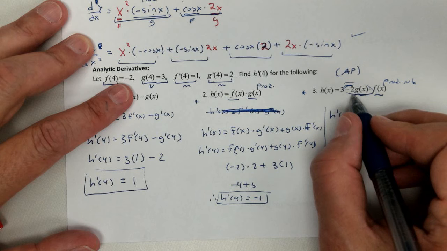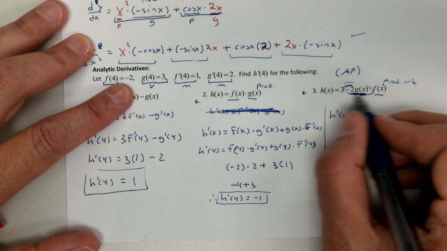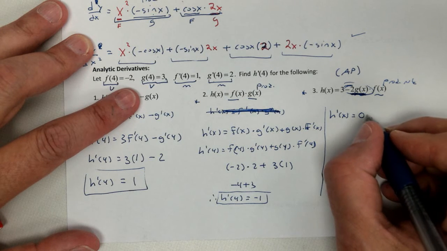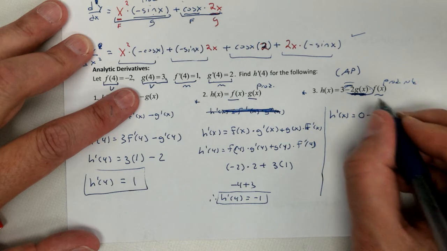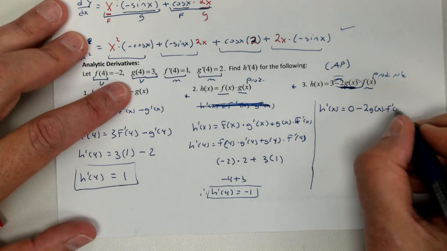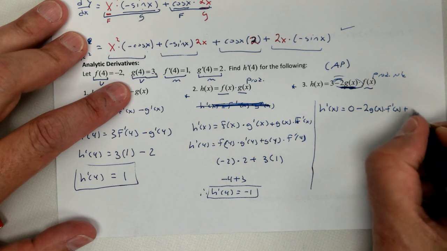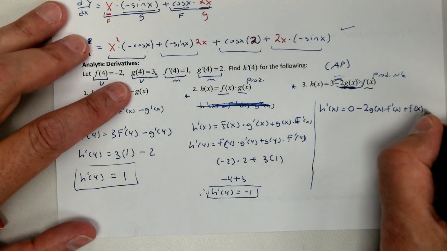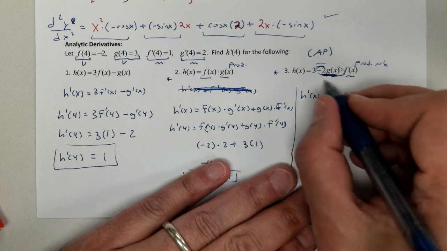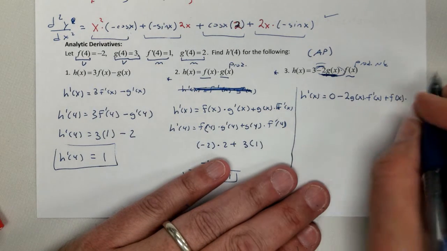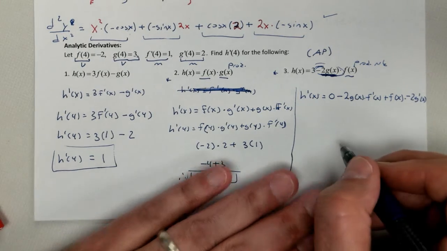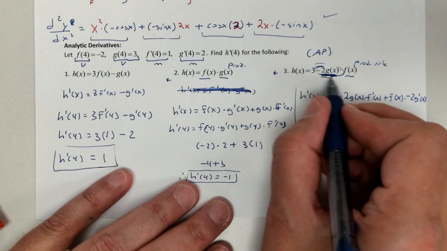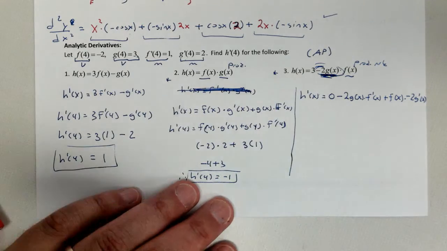The first function is this negative 2g of x, so it's going to be negative 2g of x times f prime, plus the second, f of x, times the derivative of this negative 2g, which is negative 2g prime of x. Keep the constant with the g.